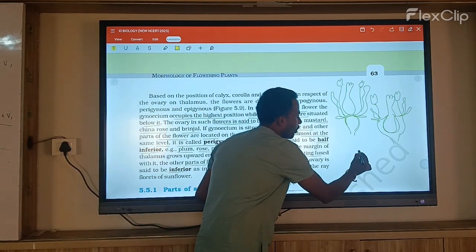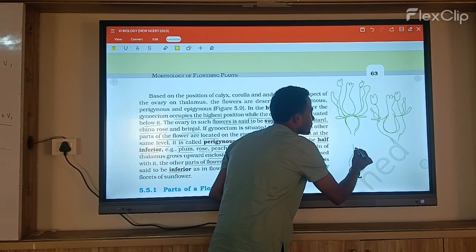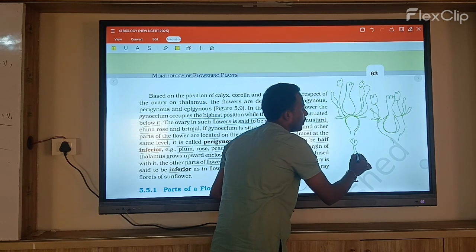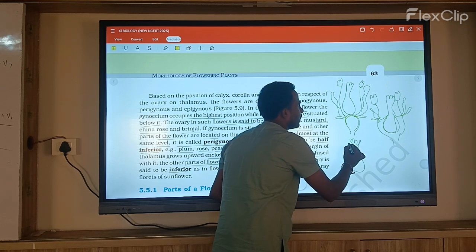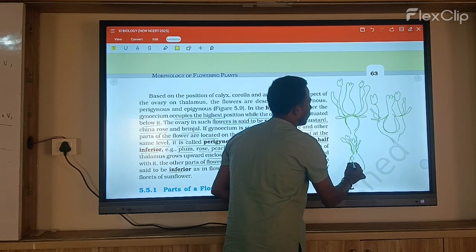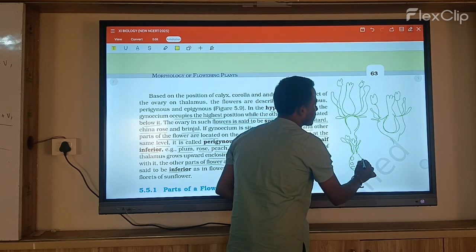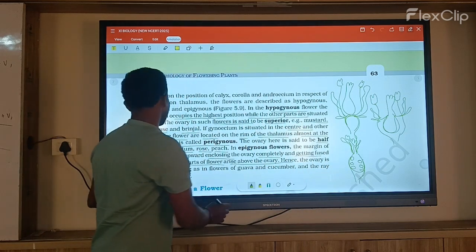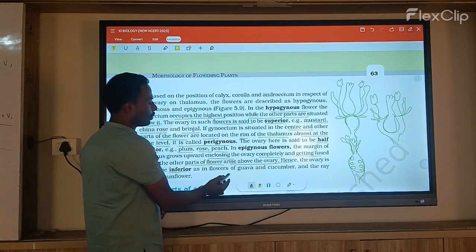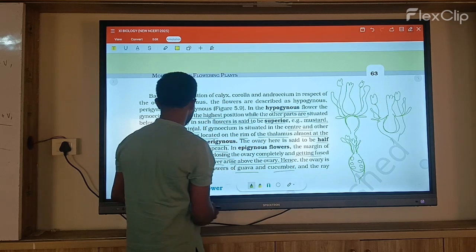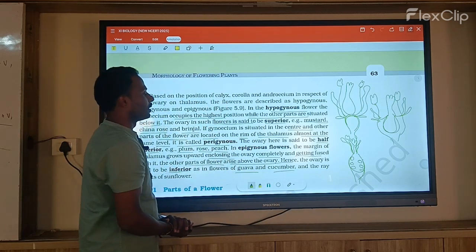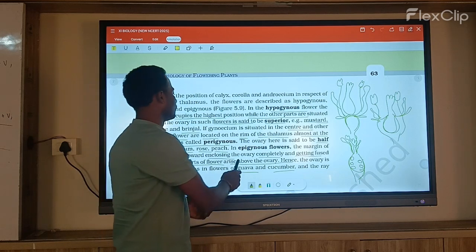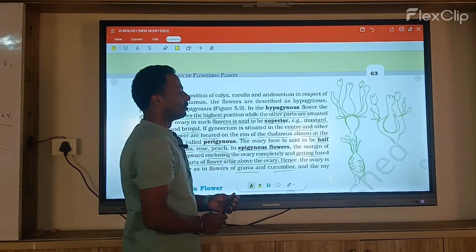So the ovary is situated below and the remaining parts are present above it. Such flowers have a completely inferior ovary. Examples are guava and cucumber, the best examples of epigynous flowers.